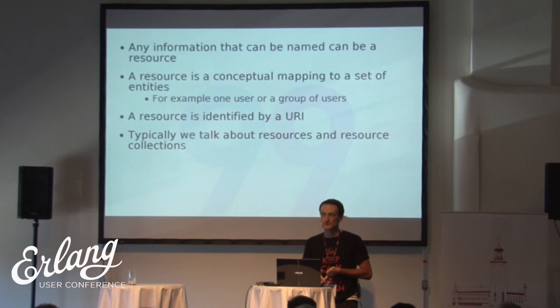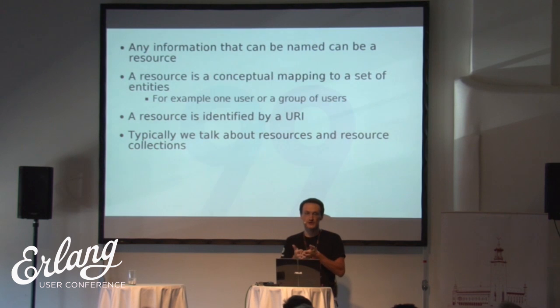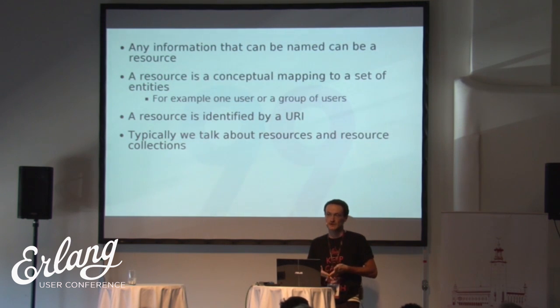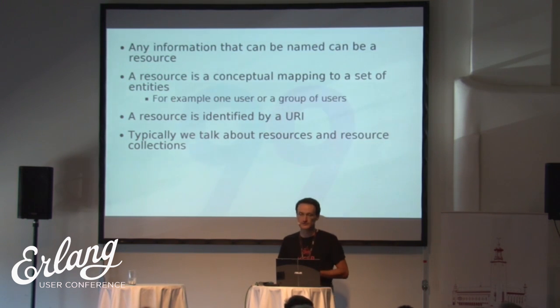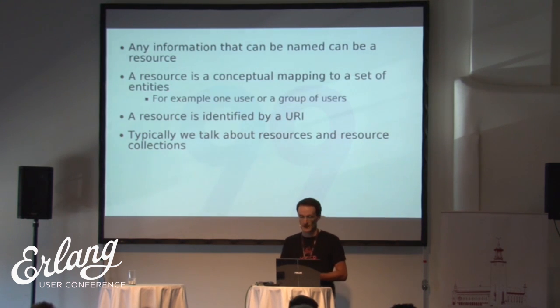It's an abstract concept, and pretty much everything that you can give a name to is a resource. So that means, for example, a list of users can be a resource, one user can be a resource, and even you can be a resource. A person can be a resource. It's really abstract. Of course, you won't be sent through HTTP, but a representation of you may be. So we will come to that.